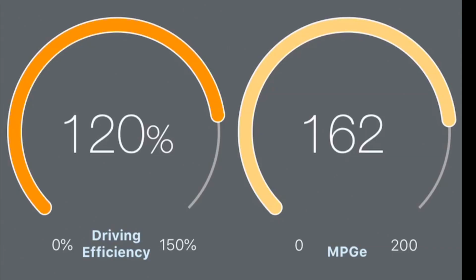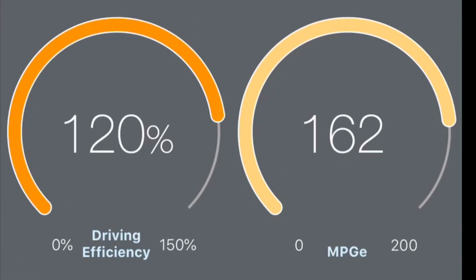What's yours? Mine's 162. So that would be saying if I had a gallon of gas in my car, I could go 162 miles on that gallon of gas. Exactly, that's exactly it. They have computed how much energy there is in a gallon of gas. Once you know that, you can come up with an MPG.